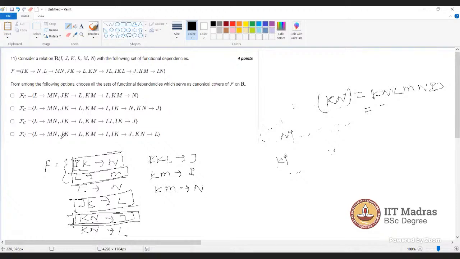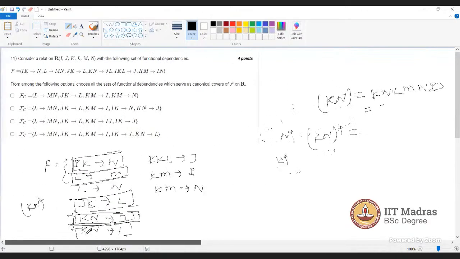If you take first this K determines L, then what will you get without the help of this functional dependency?